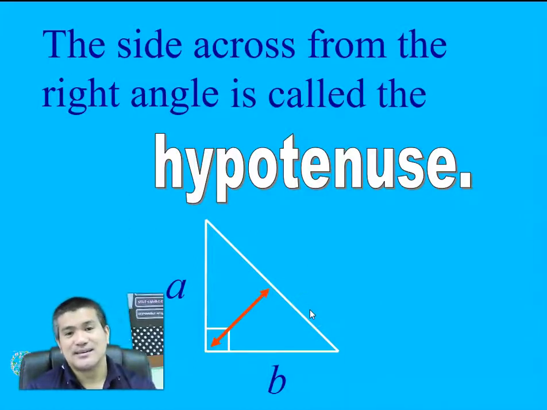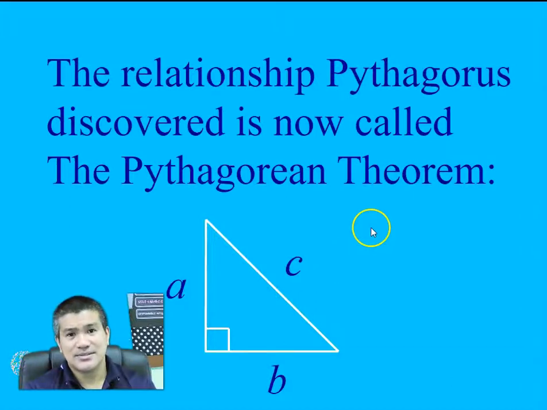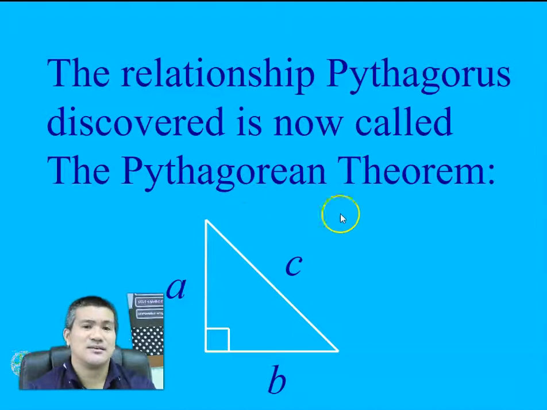As I said, it is the longest side of the triangle. The length of the hypotenuse is usually labeled as C. So we have A, B, and C. To find the hypotenuse, you have A squared plus B squared equal to C squared. The relationship Pythagoras discovered is now called the Pythagorean theorem.